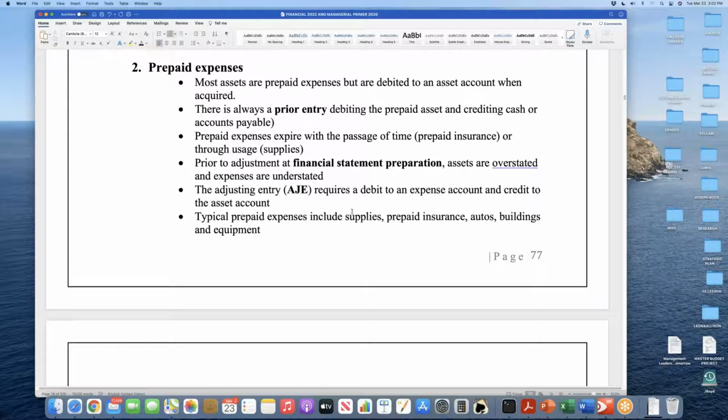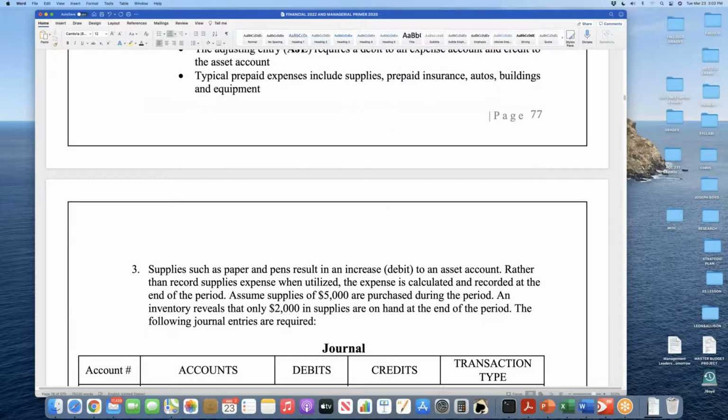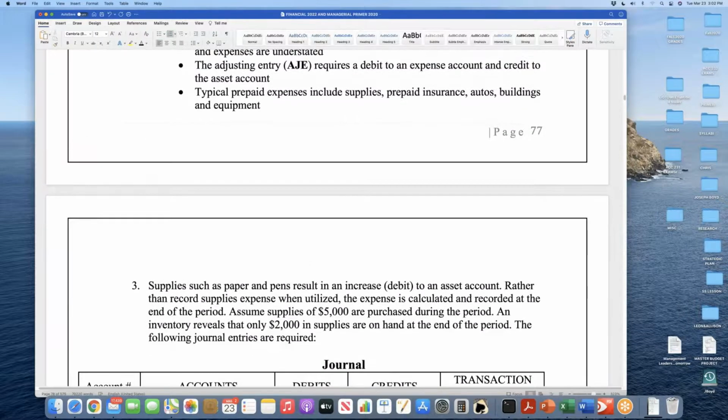So we have a lot of accounts. You only had one account that you were dealing with before. Now for prepaid expenses, you've got supplies, prepaid insurance, autos, buildings, and equipment. So a full range of assets where prepaid expense adjustments may have to be made. Let's look at supplies. You buy some paper and pens and this and that for your office.